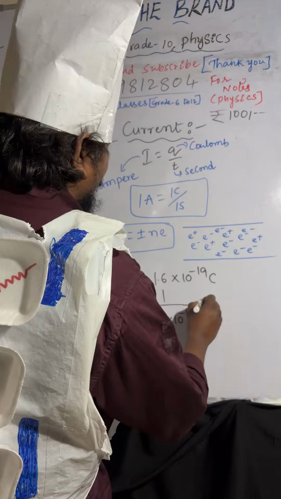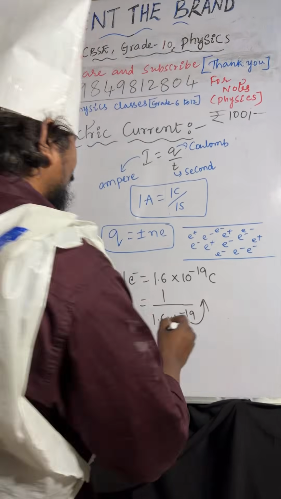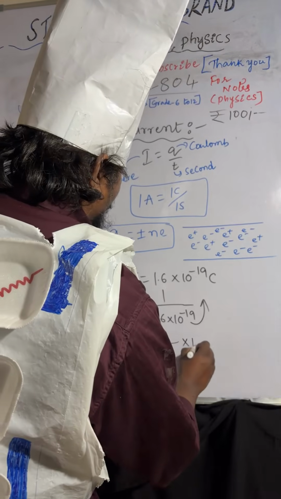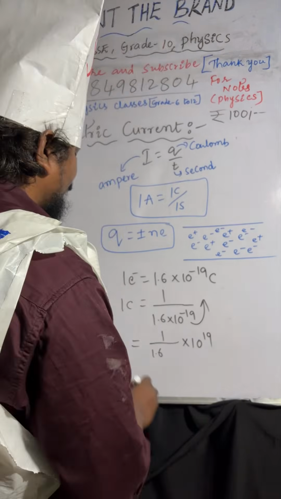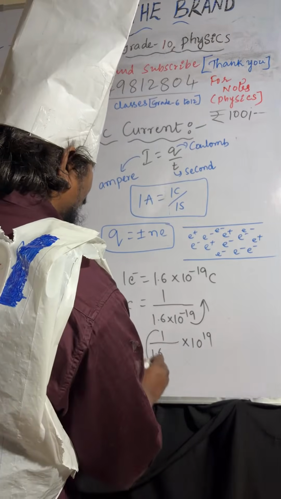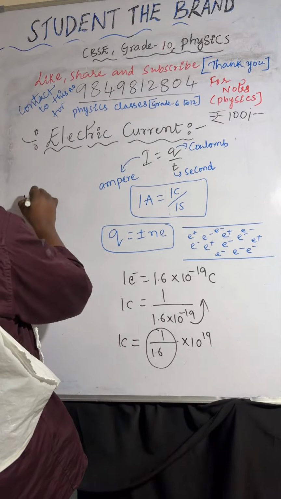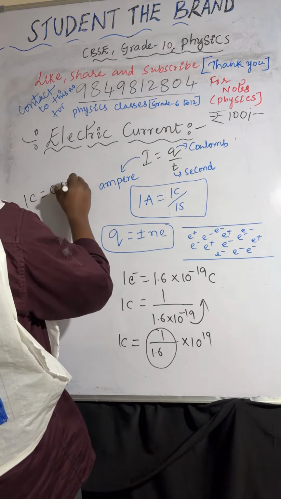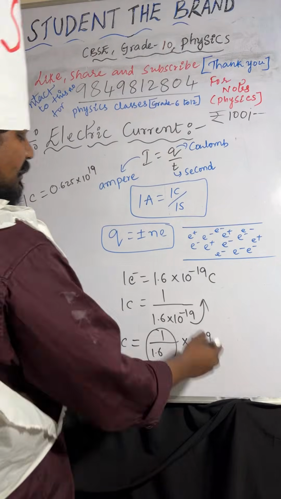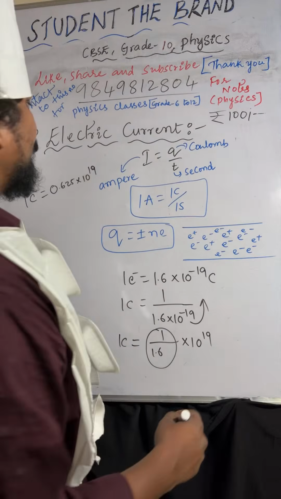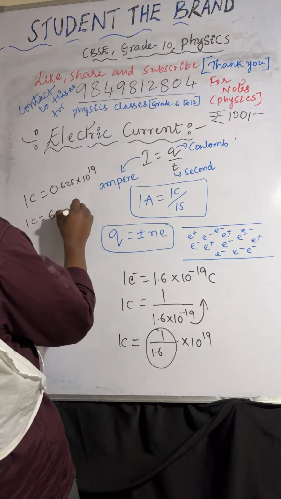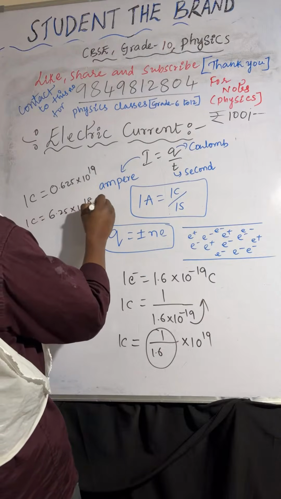If you do this division, you'll get 0.625 into 10 power 19, which is 6.25 into 10 power 18 electrons.